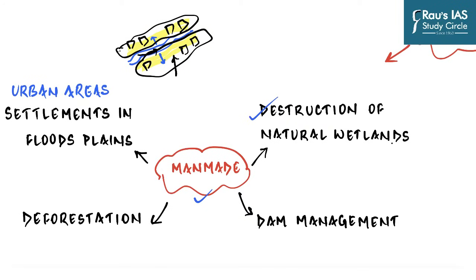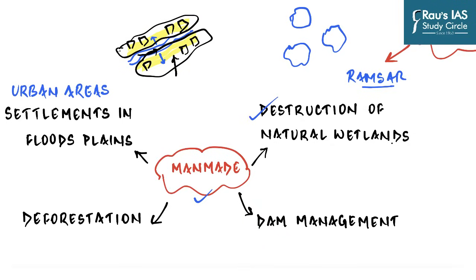You know what wetlands do? Wetlands are natural absorbers of water. So you must have read about these wetlands with reference to, of course, Ramsar Convention and wetland of international importance. Now, wetlands are not just important for biodiversity, they are equally important for water conservation and prevention of flood as a disaster.